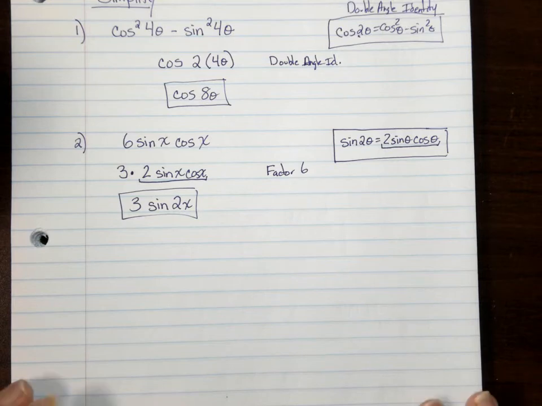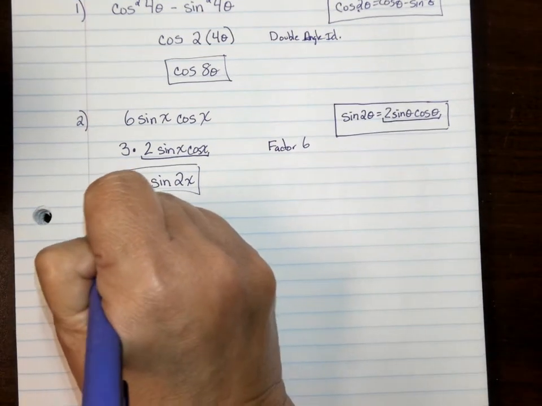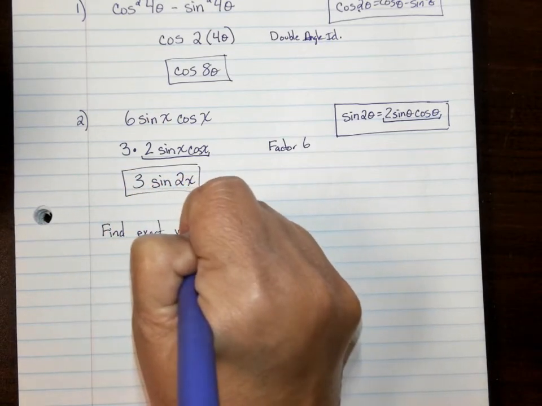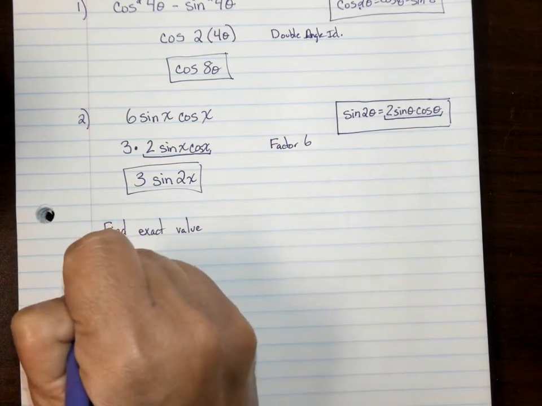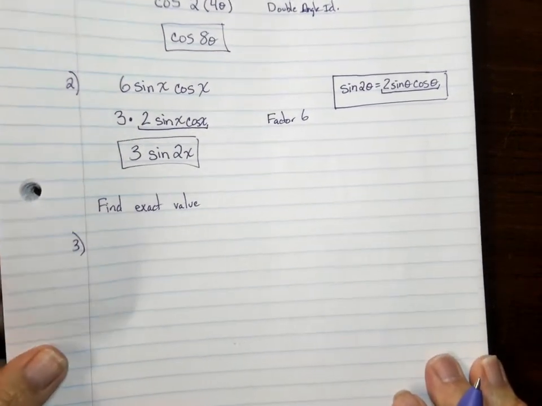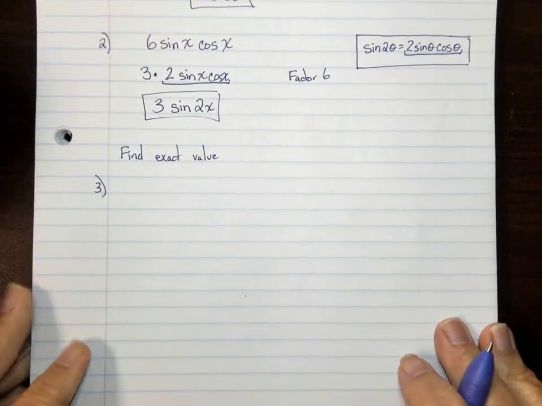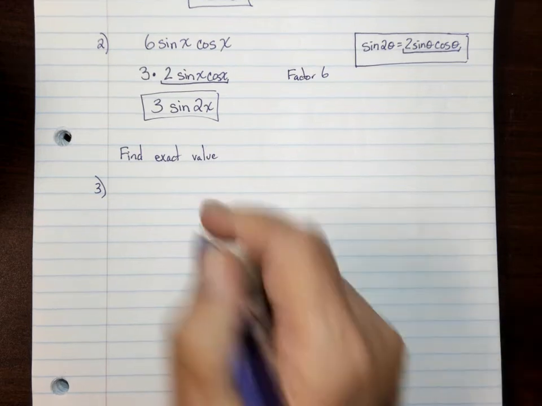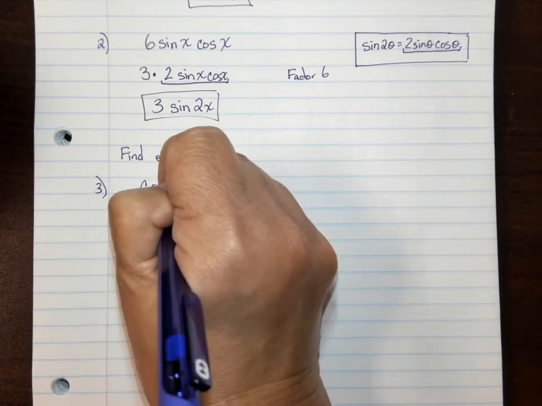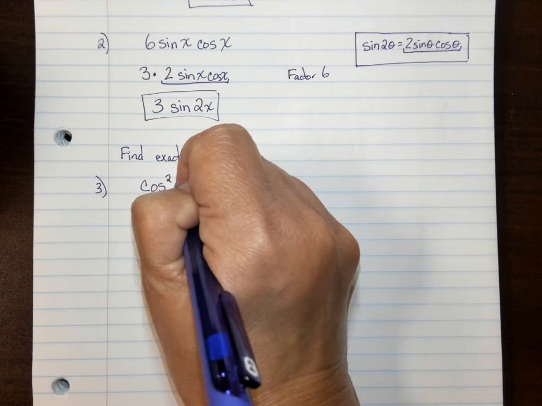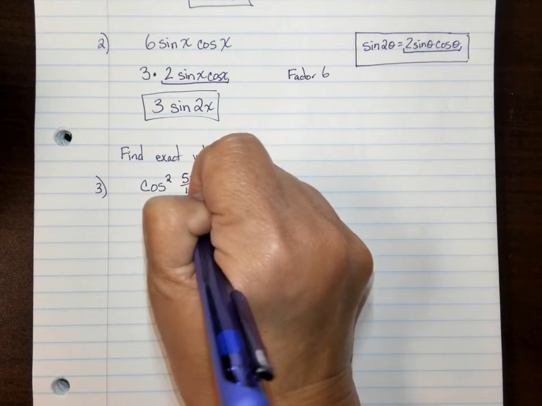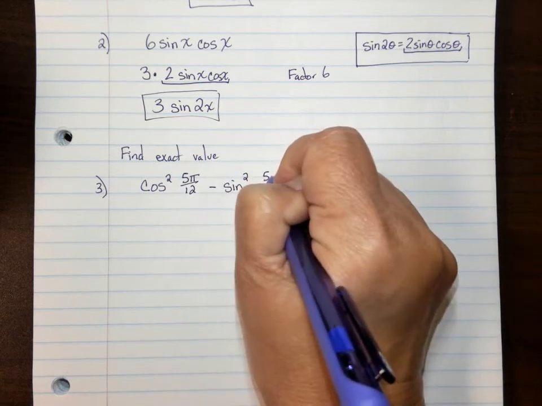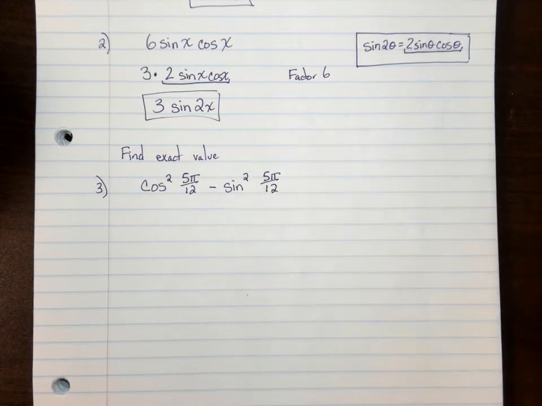All right, let's do one where we find the exact value. So to find the exact value, you know somewhere in here we're going to be using our unit circle, our standard angles. All right, so I have cosine squared of 5 pi over 12 minus sine squared of 5 pi over 12.